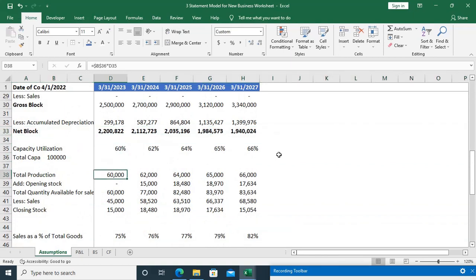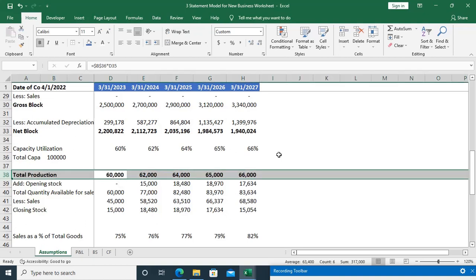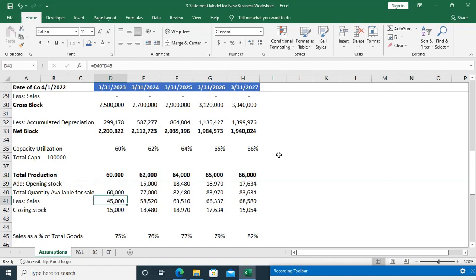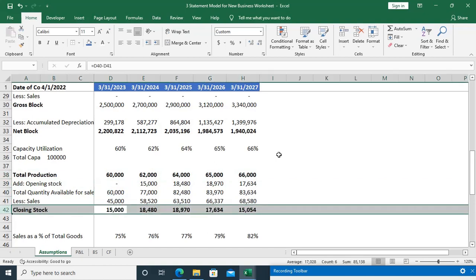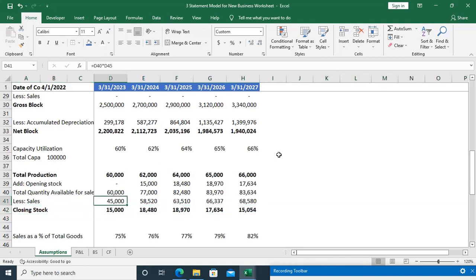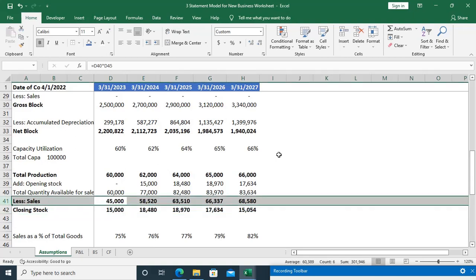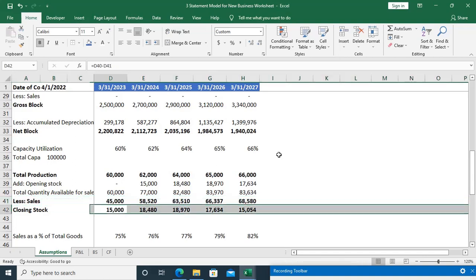Then total production control B, closing stock control B, sales control B. This is also an important thing.